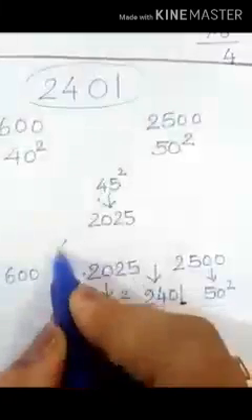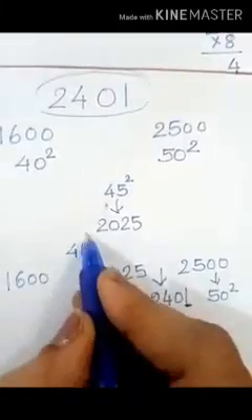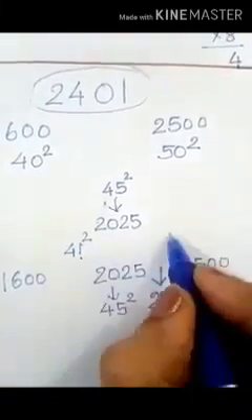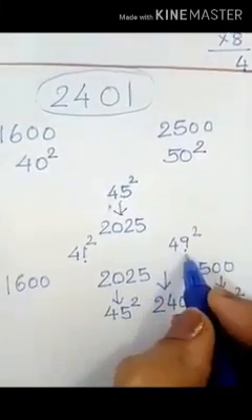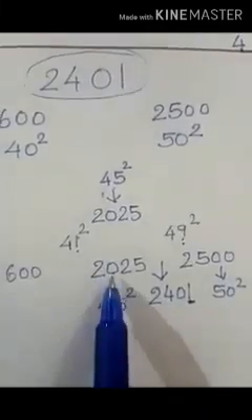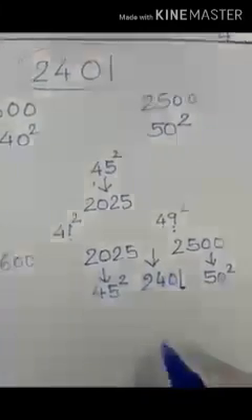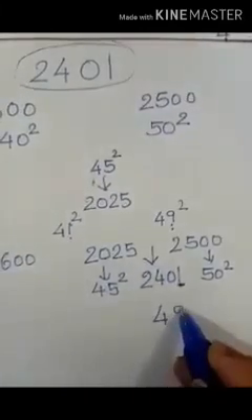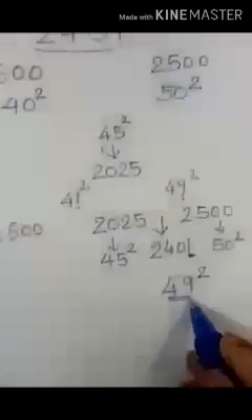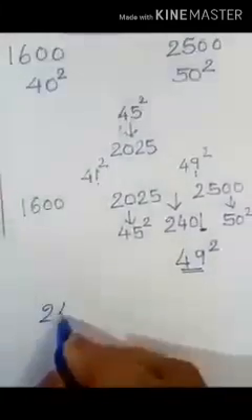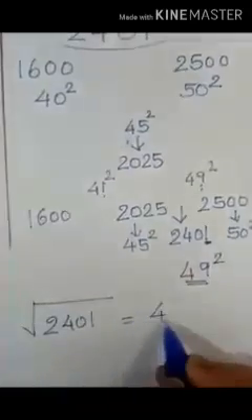So if it lies in between 40 and 50, 41 square also will have 1 at the end and 49 square will also have 1 at the end. 9 9s are 81. But because this number is greater than 45, so definitely it is 49. So if it is a square, it is a square of 49. So 2401, its square root by estimation method is 49.